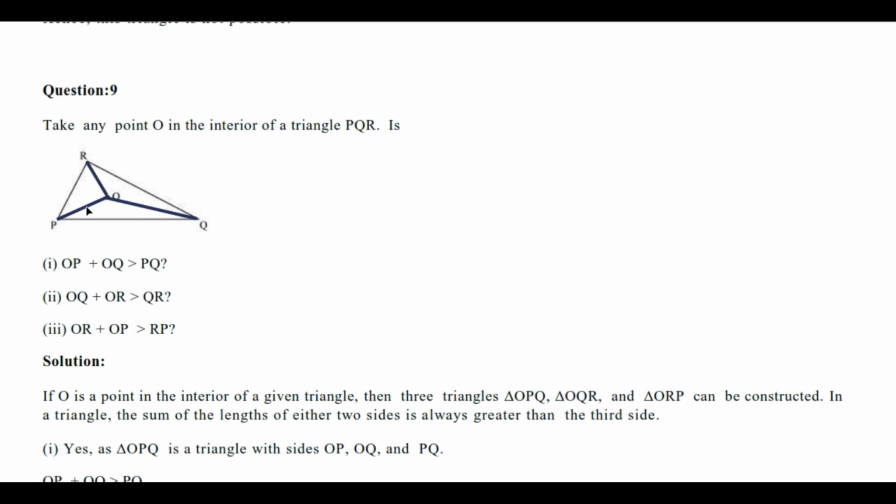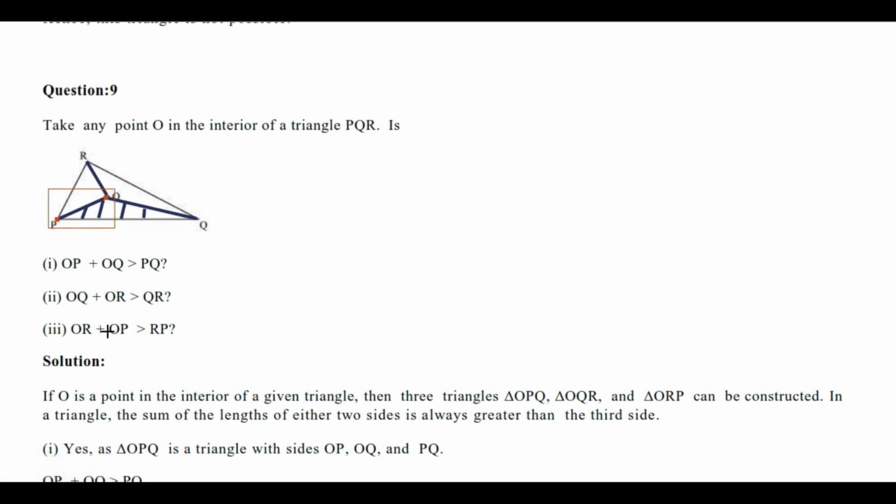I am talking about this one. OPQ is a triangle. So we know that with the help of the triangle inequality property, the sum of two sides of a triangle is greater than the third one. So two sides are OP and OQ, and the third side is PQ in triangle OPQ. That's why the first condition is true.